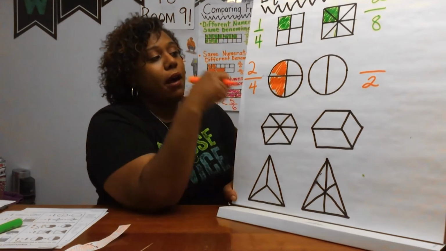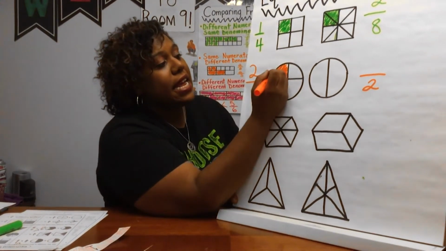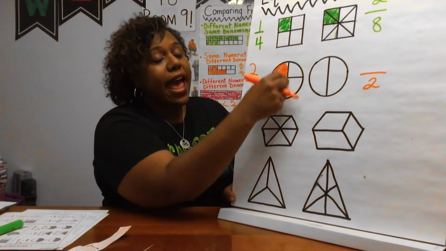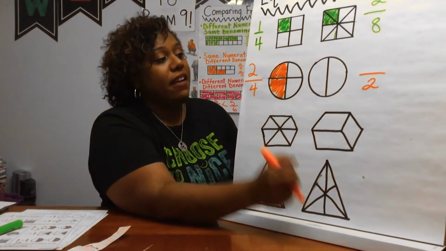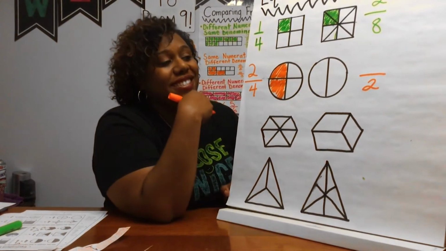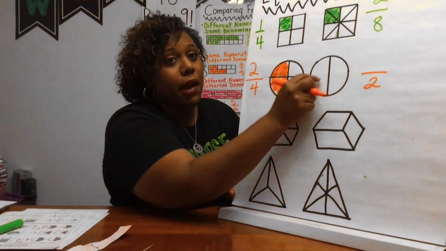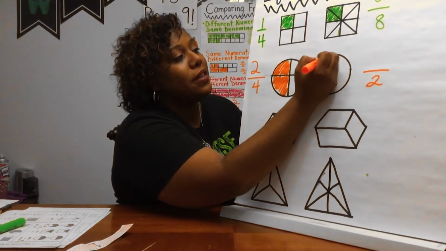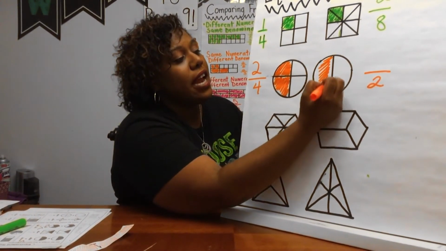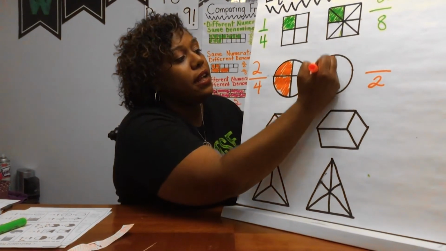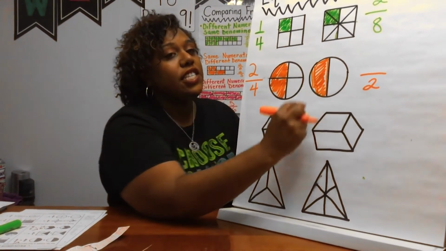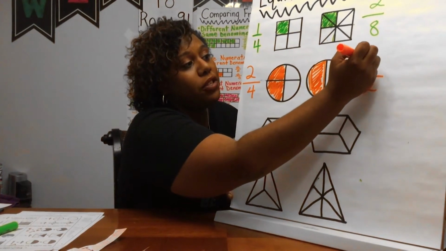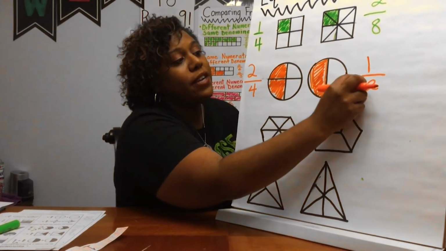Now, how many parts do I shade in to equal or to have the same amount of space covered as my 2/4? Do I need to shade in both parts? No, you're right. I only need to shade in 1 of those parts. And if I shade in just 1 of the 2 parts, my numerator is 1.